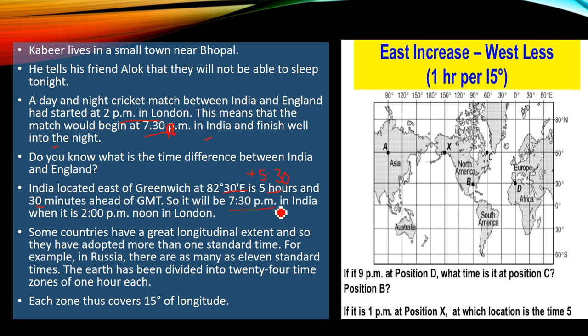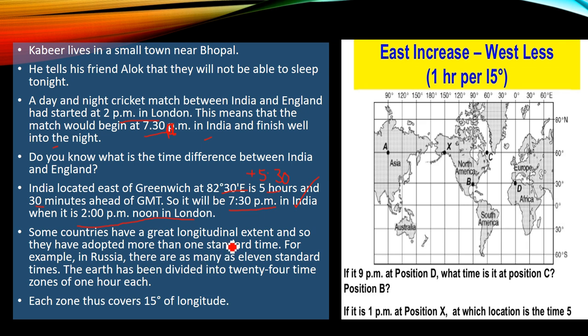So it will be 7:30 p.m. Oh, it's a day-night match. I thought it's a day match. Okay, it's a day-night match. That means if it is 2 p.m., if it starts there, we are way ahead of them. So it will be 7:30 p.m. It's noon in London, where for us it is almost evening.